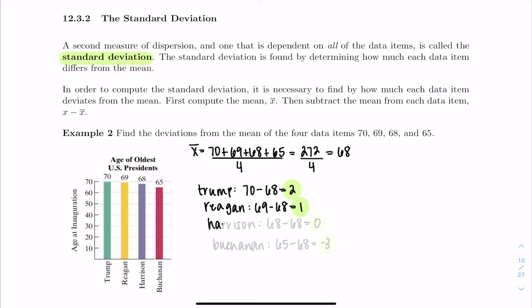Then Harrison: his data value was 68, and subtracting the mean, we get 0. And then Buchanan, whose data value was 65, minus 68, and we get -3.